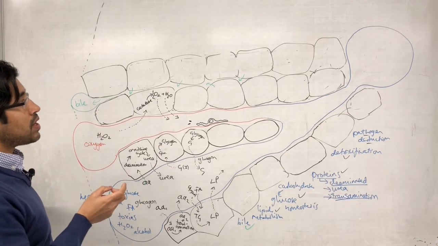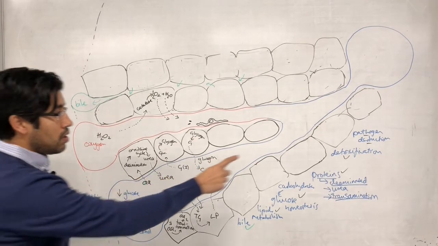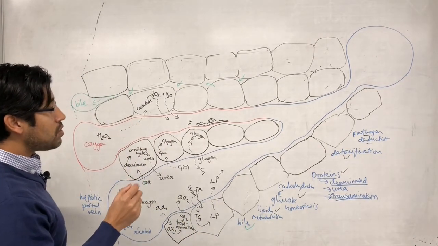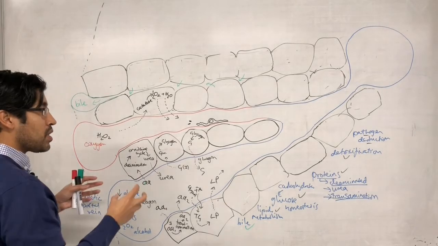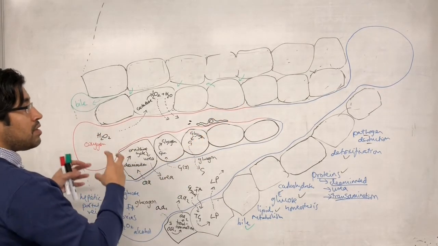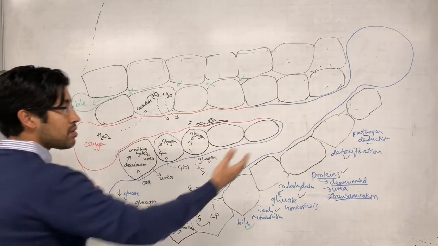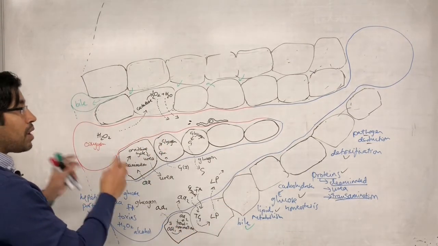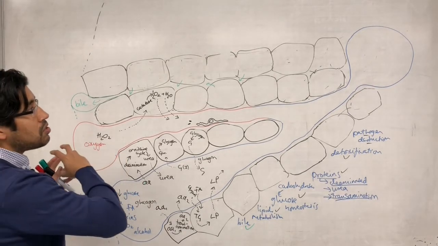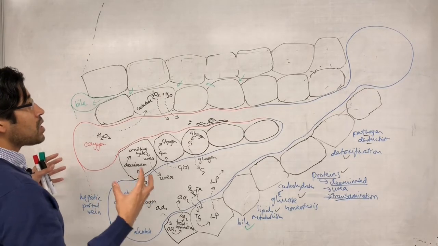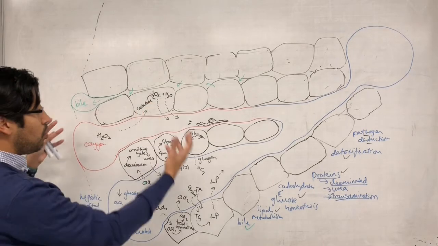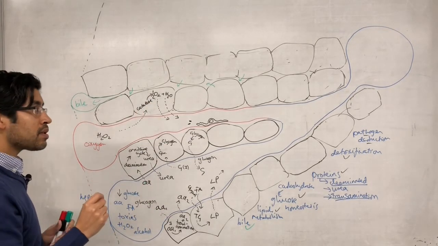I hope we have tried to marry that up with all the functions that the liver produces, and then we've seen on a microscopic scale the sinusoid structure and the lobule structure carrying out all the functions we have discussed.